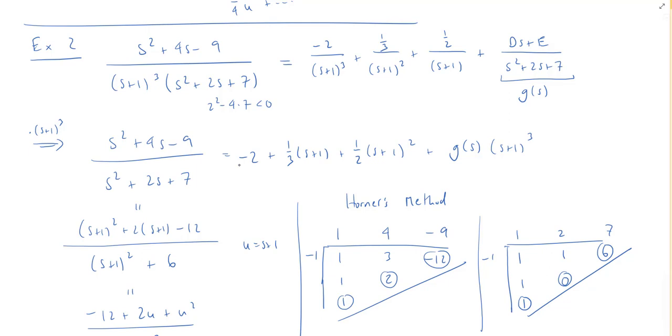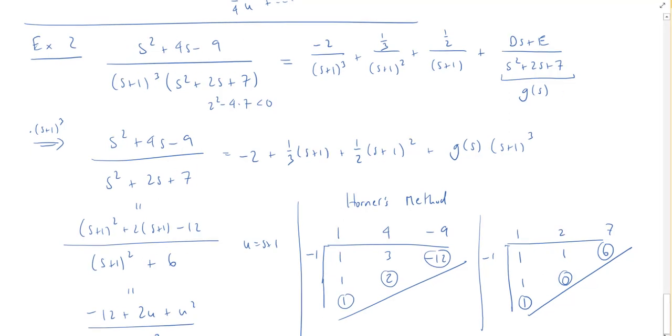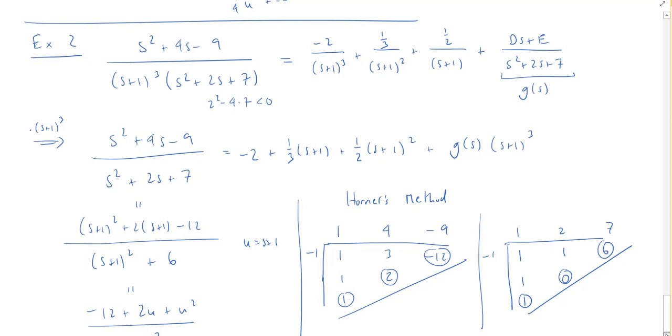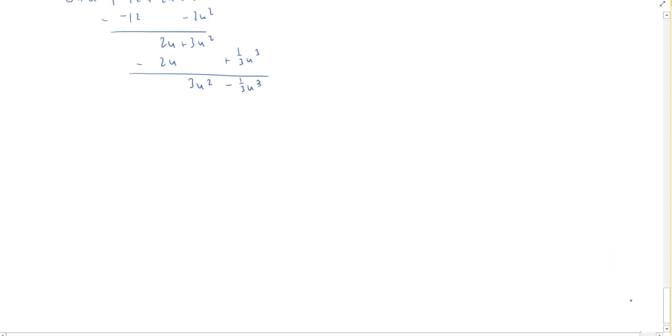Okay, now, to get the d and the e, I'm just going to go back to the original method. I'm going to take this expression and clear the entire denominator, and the beauty is I now have 3 of the 5 terms already, and finding the d and e is going to be reasonably simple. So let's jump down and do that below.